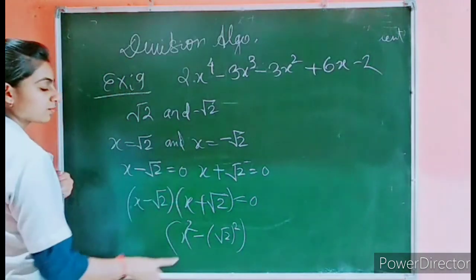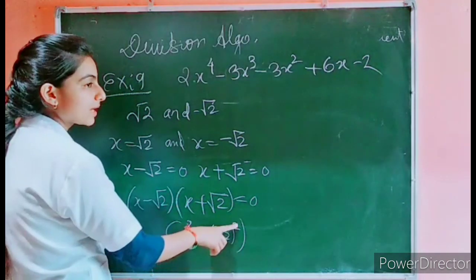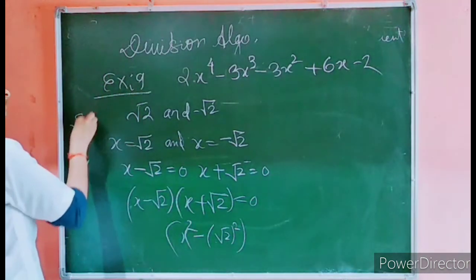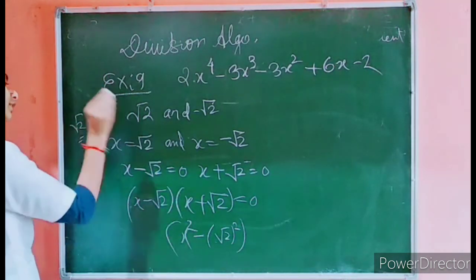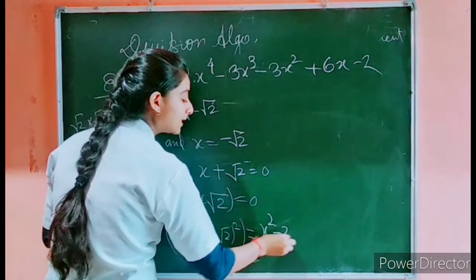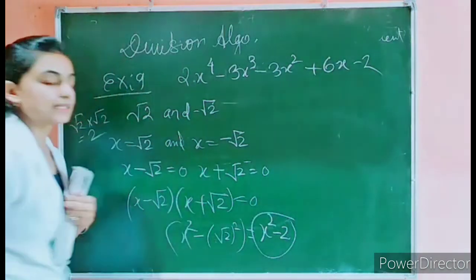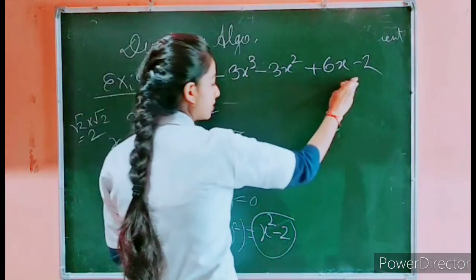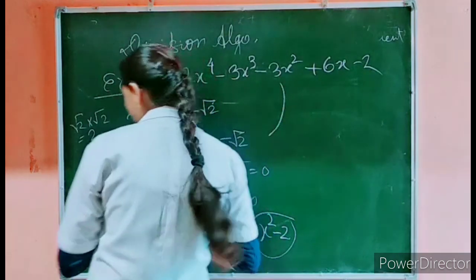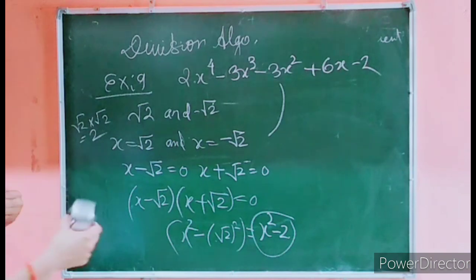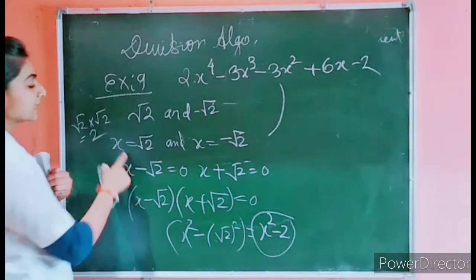Now x square minus root 2 into root 2, we get 2. So here we got x square minus 2. This is our equation to divide by. Now we will divide this with the given equation. You can revise this.